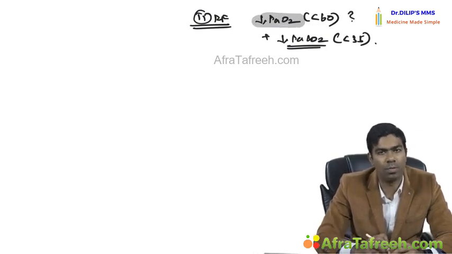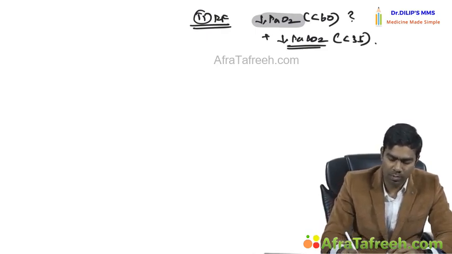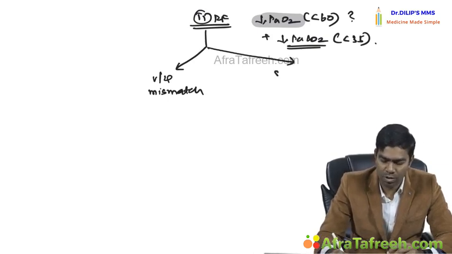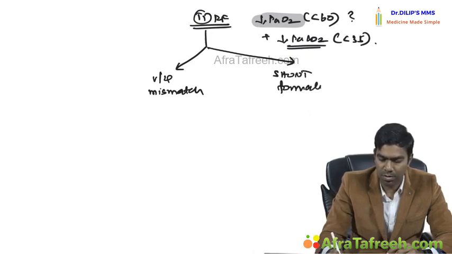What is the cause of this low PaO2? If you ask me, I will tell you the causes of low PaO2 may be very, very few. The first thing is VQ mismatch. And the second thing is something called shunt formation.